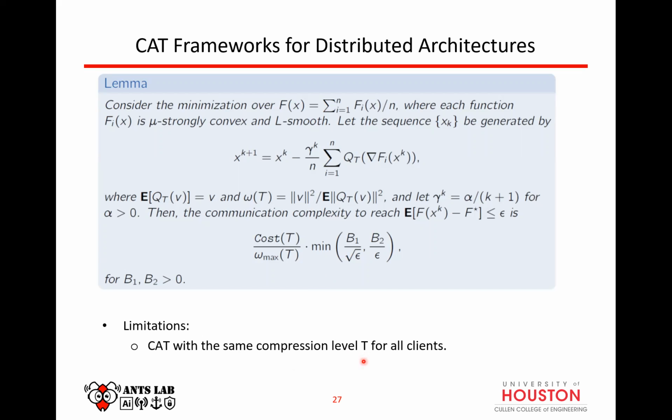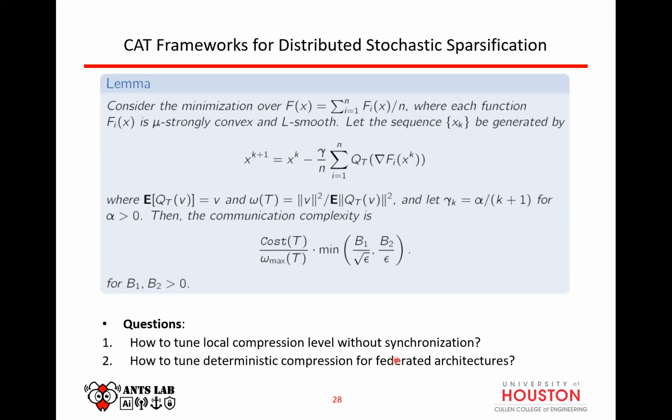They want to extend it to different compression levels for different clients, and they say they're working on the theoretical proof for that. They also prove a lemma for the distributed stochastic sparsification method, and they give us a proper analysis of that.